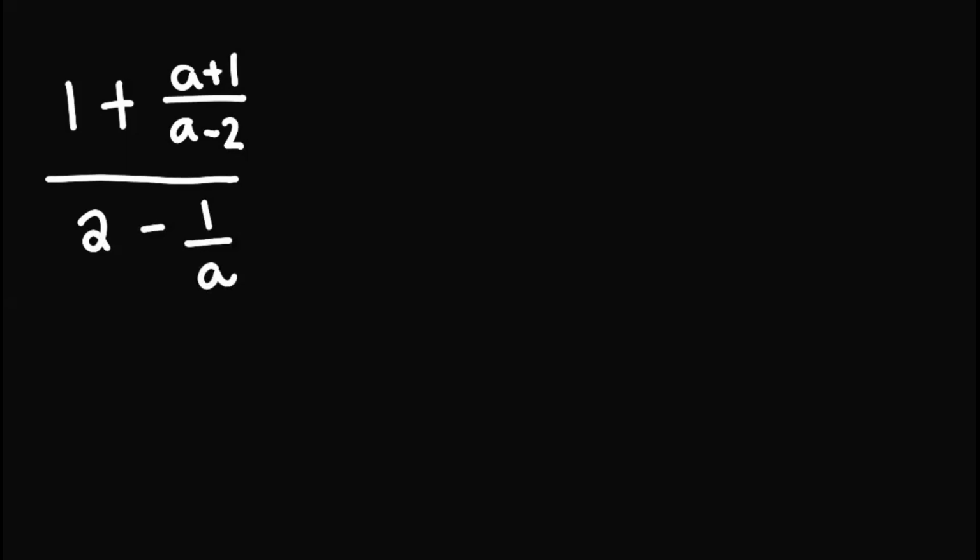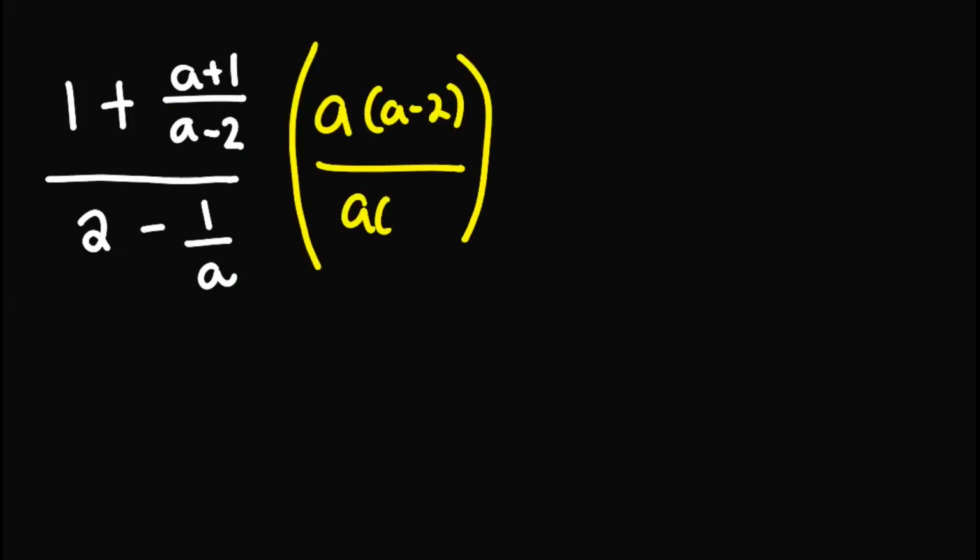Now for this one, note that since a minus 2 and a don't have any common factors, what we do is we multiply a times a minus 2 in the numerator and a times a minus 2 in the denominator. So we distribute this one out here, this one out here, and this one out.